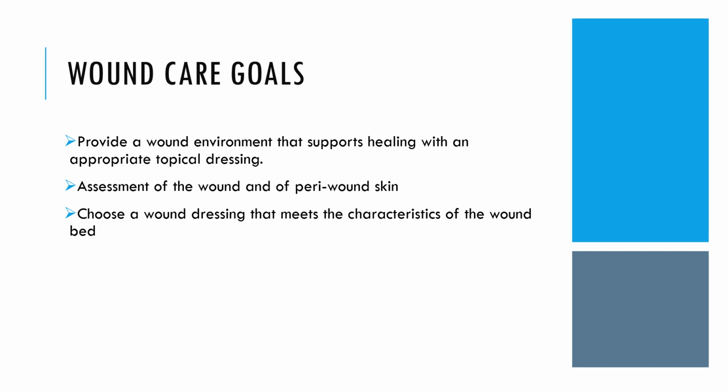We have previously talked about the peri-wound skin, this area 4 to 5 centimeters around the wound, and choose a wound dressing that meets the characteristics of the wound bed. Suppose the wound needs a moist environment, so you might do a saline soak. We will discuss the saline soak a little bit further.